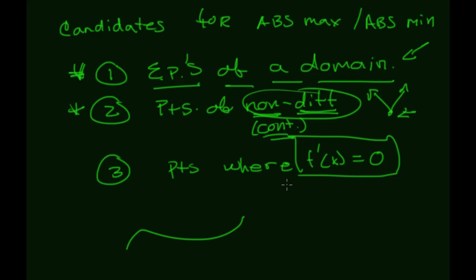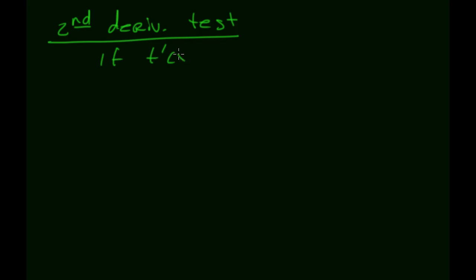Now, we do get a little bit of help here. We can use the second derivative to speak about whether or not something is a local min or a local max. So this is what we're going to call the second derivative test. The second derivative test tells me that if f prime of x is 0, then I look at the second derivative, okay?